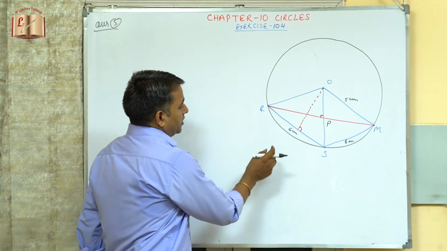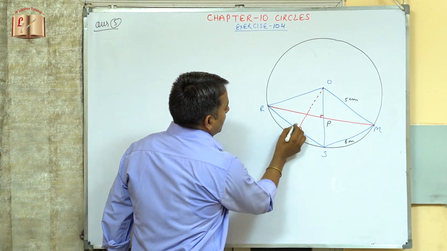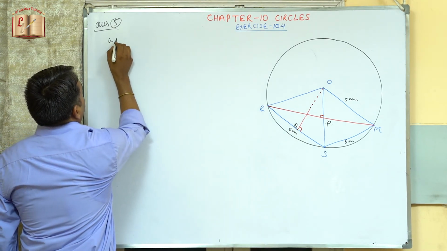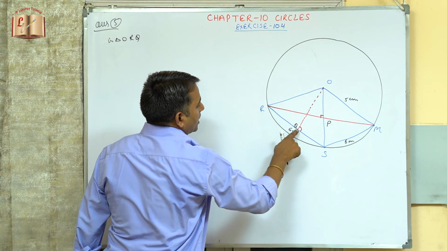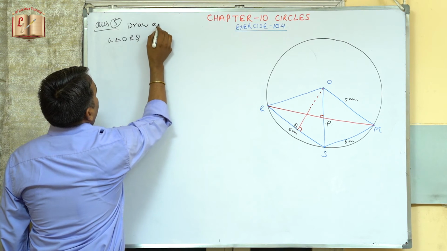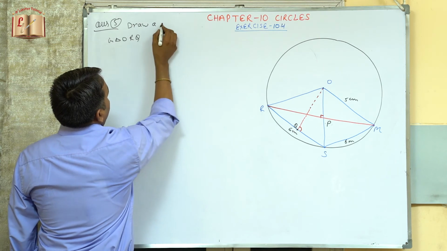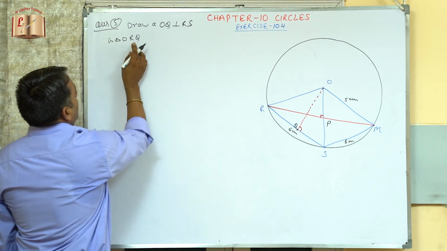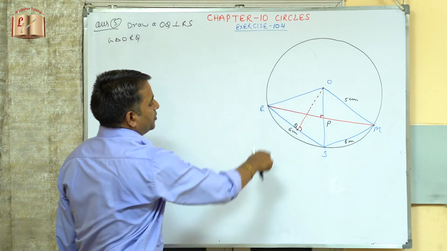Now see that first of all we will find this distance. Suppose now this is P, so we can take this point as Q. Now in triangle ORQ, draw OQ perpendicular to RS. In this triangle, this is the hypotenuse and this is the perpendicular and base.